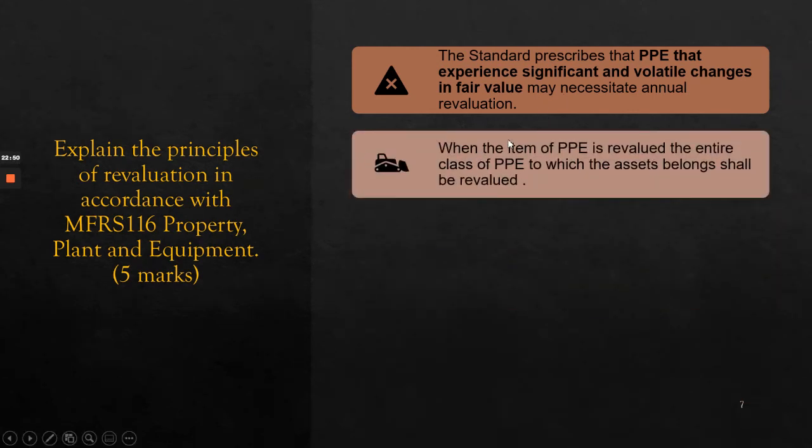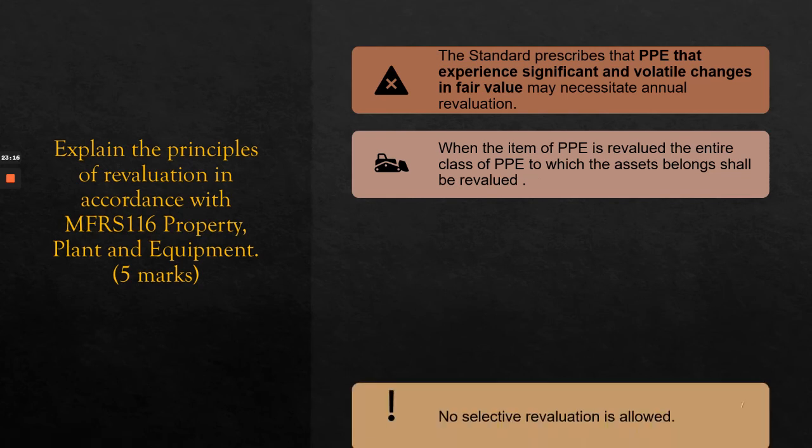When an item of PPE is revalued, the entire class of PPE to which the asset belongs shall be revalued. So not just one building, but several other buildings must also be revalued, if the class of PPE is buildings.